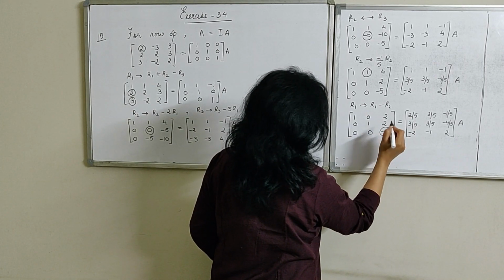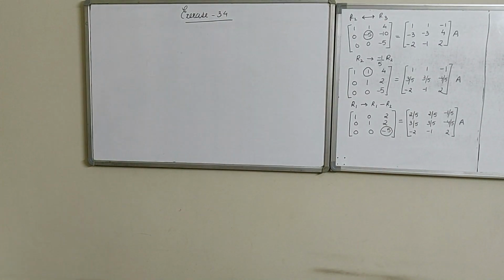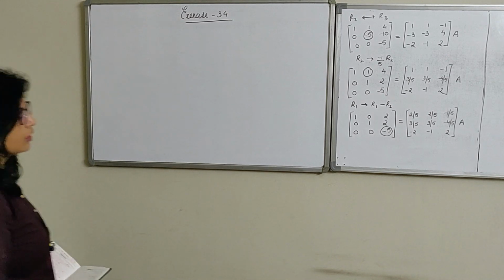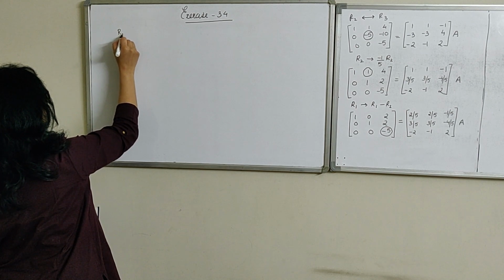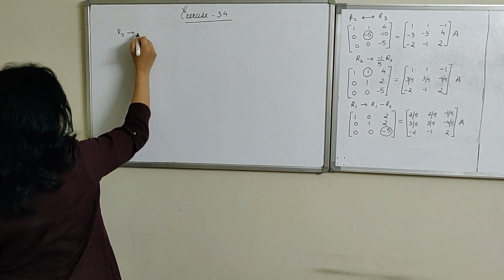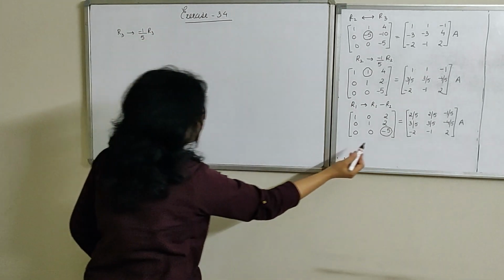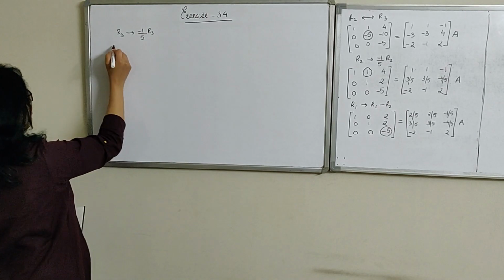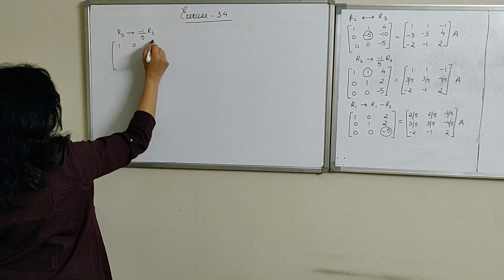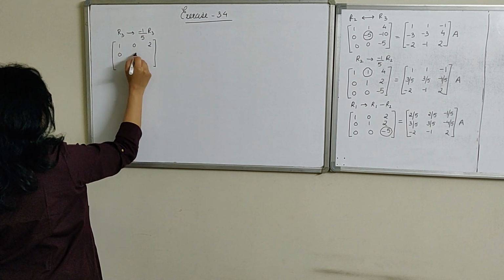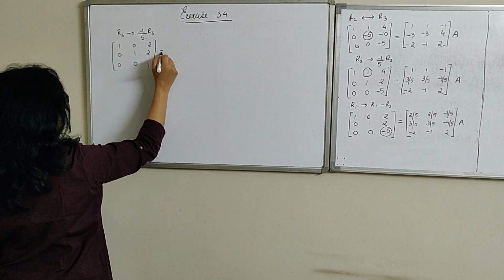Our next aim is to convert this into a 1. Now to convert this into 1, because the element is in the third row, if we multiply the third row elements by minus 1 by 5, this multiplied by minus 1 by 5 will become 1. So the matrix on the left hand side, 1, 0, 2, 0, 1, 2, 0, 0, 1.